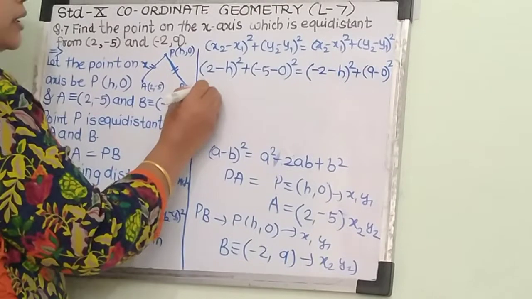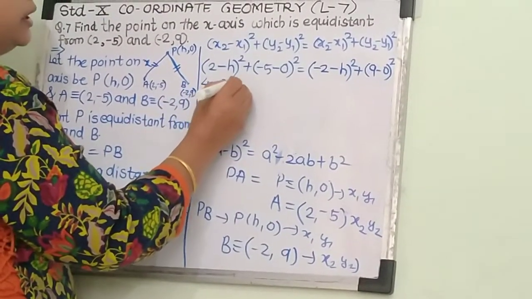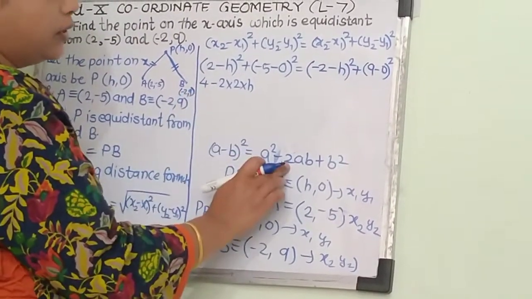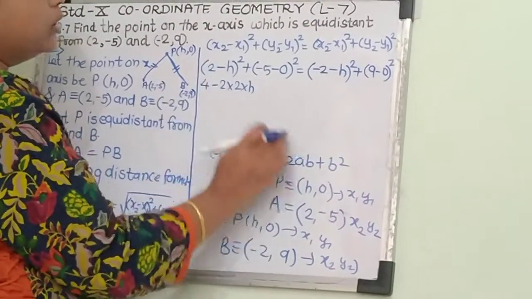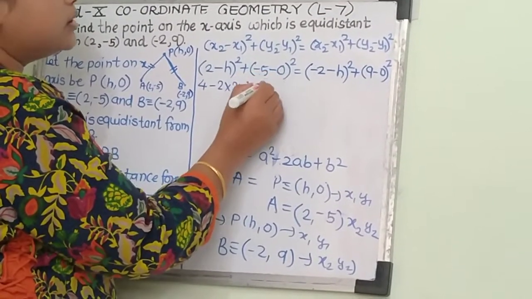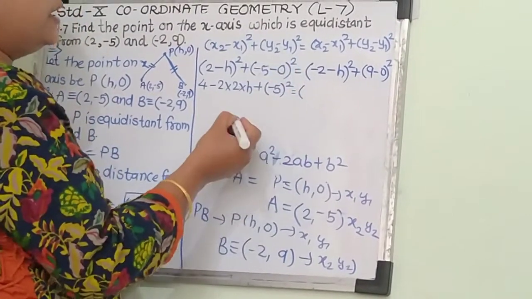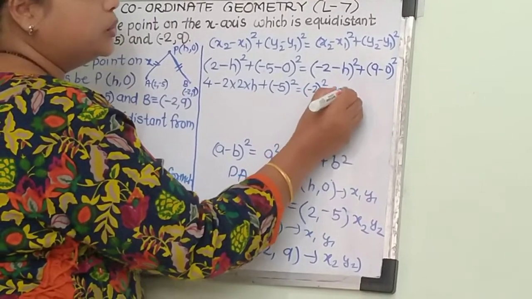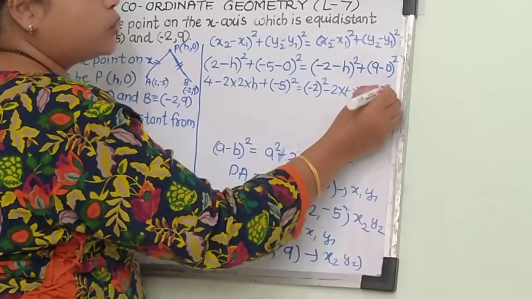A square, that is 2 square, will be 4, minus 2 into h, because a is here 2 and b is here h, plus h square, plus minus 5 square. Again here minus 2 square minus 2 into h plus h square.